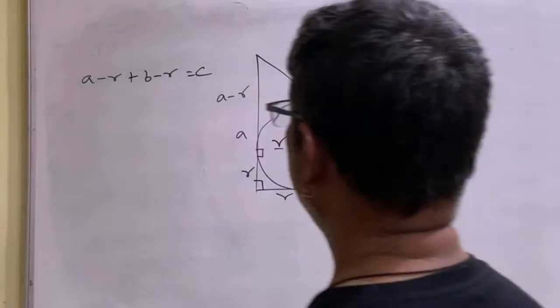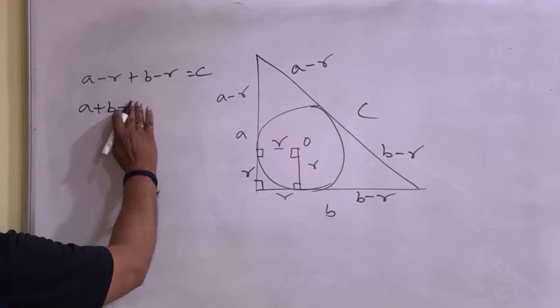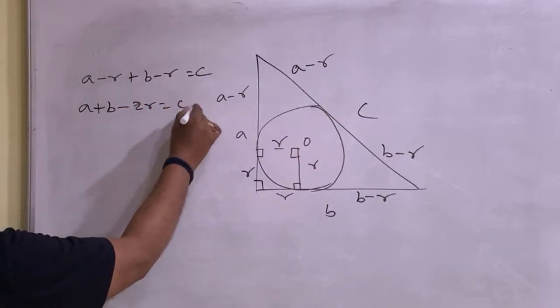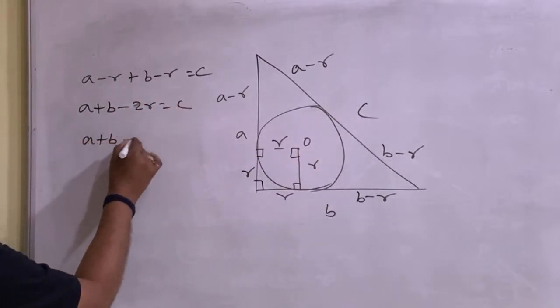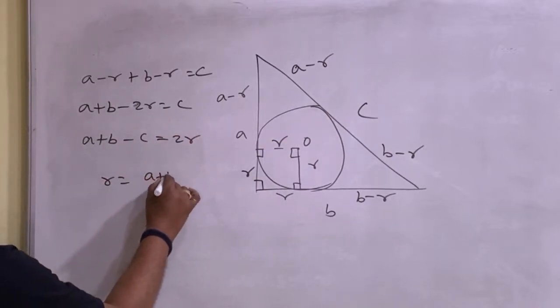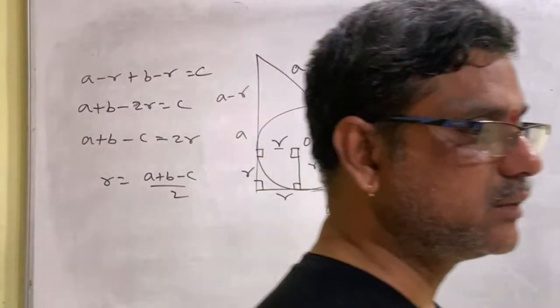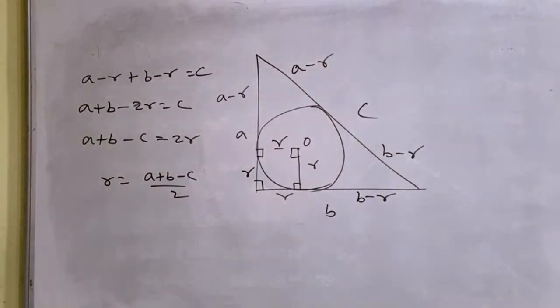Then A plus B minus 2R is equal to C. A plus B minus C is equal to 2R. Then radius is equal to (A plus B minus C) by 2. Try to keep this result in the mind, children.